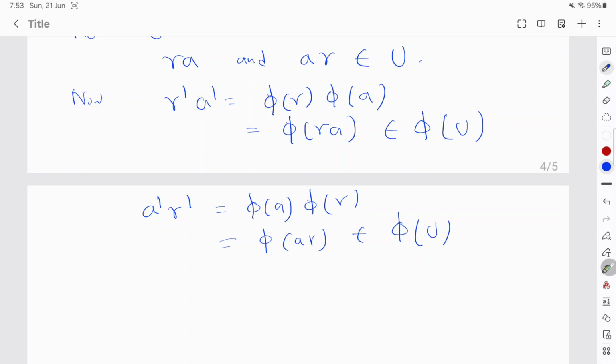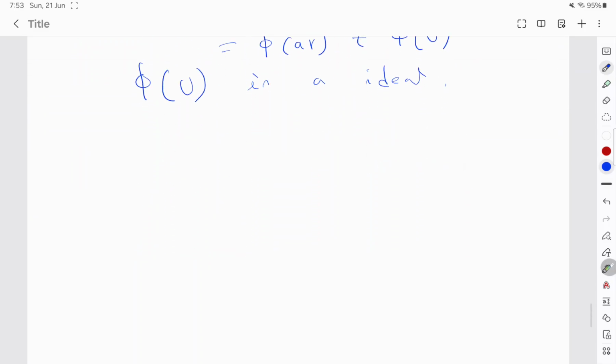So you show both ways. In this way you can show phi of U is an ideal. Okay, so this is done.